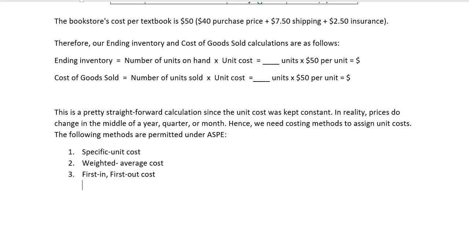So what's happening here is we're using the information from the table above, which we just completed, to determine the ending inventory value in dollars and also the cost of goods sold value in dollars. So take a minute to try these two calculations and we will continue in the same video.